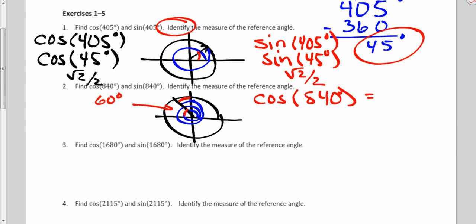However, is it going to be 1/2? Why is this not going to be 1/2?